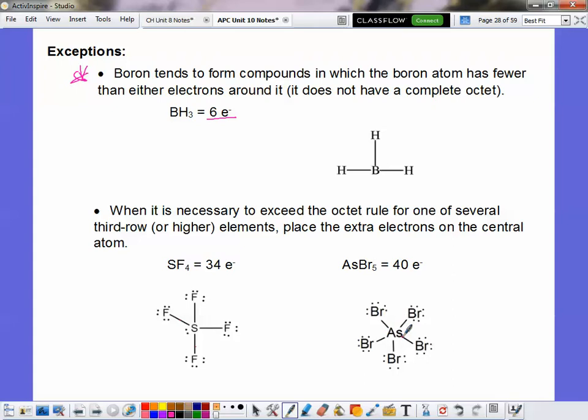So the rule for that is if they are in the 3rd row, the 3rd period, or higher, and by higher I mean higher in terms of atomic number, so lower on the periodic table, 3rd period and down, they can expand their octet because they use the d orbitals for bonding.